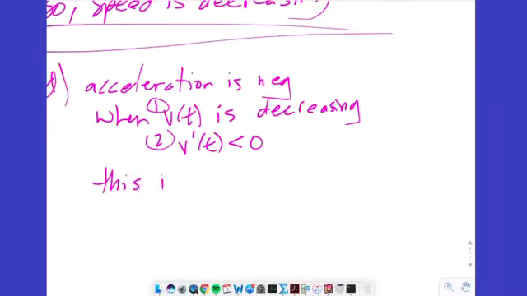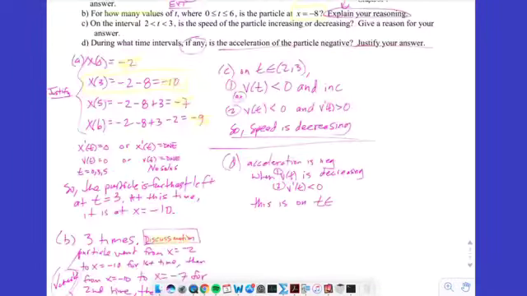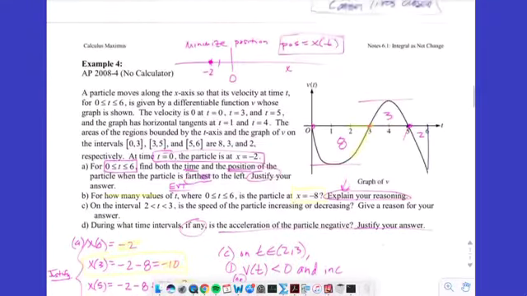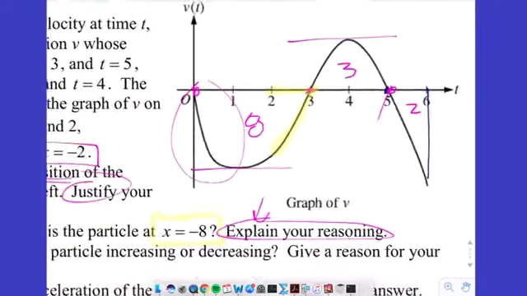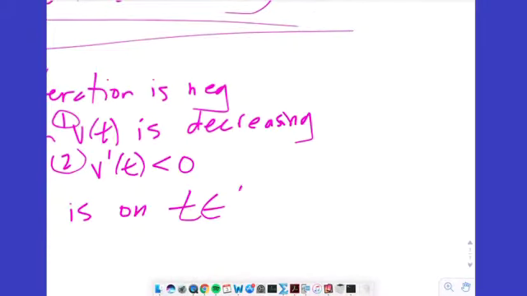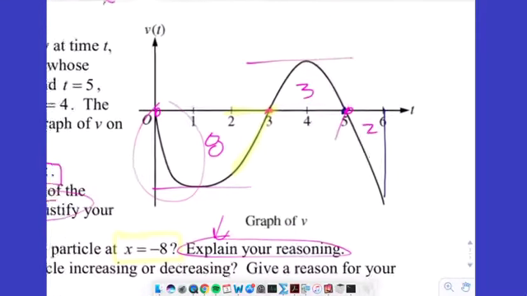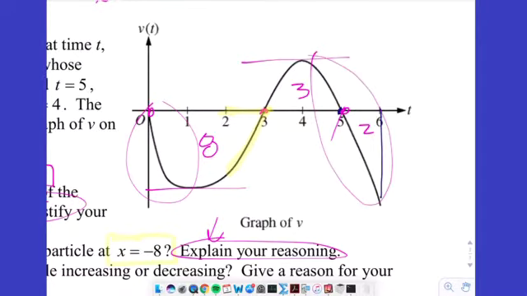This is on the interval, and it's probably easier just to say t epsilon and give the intervals in interval notation. Okay, so I want to know where the graph is going downhill. So that's going to be from 0 to 1. So open parentheses, 0 to 1. Union, is it going downhill ever again? From 4 to 6.